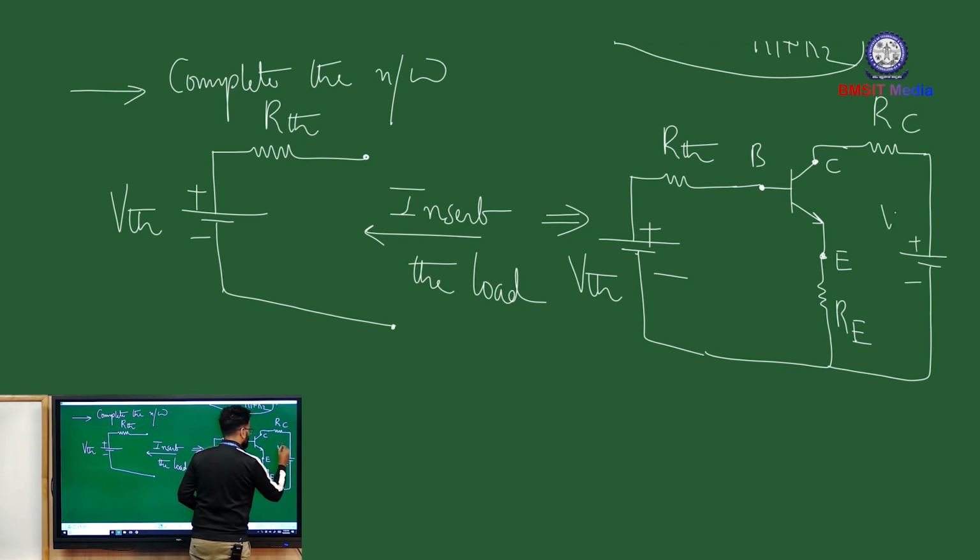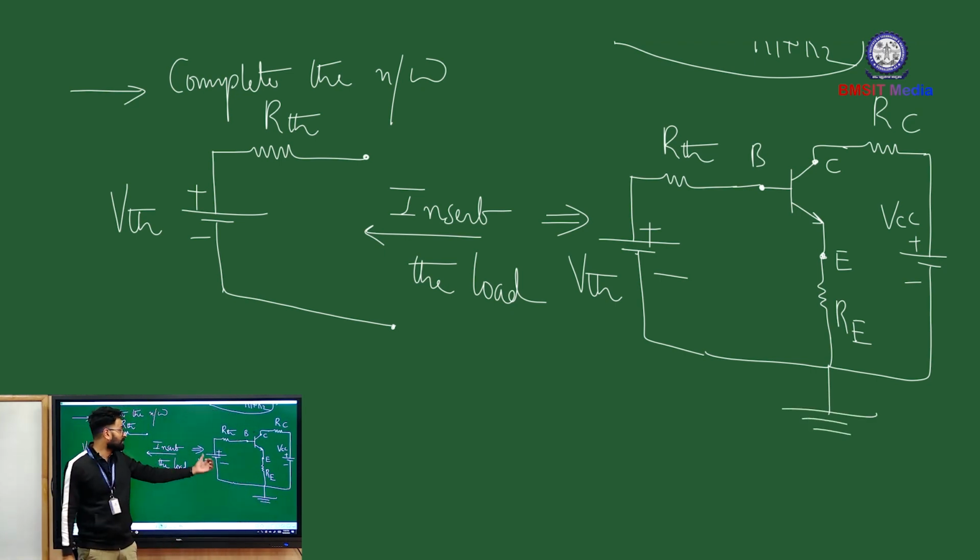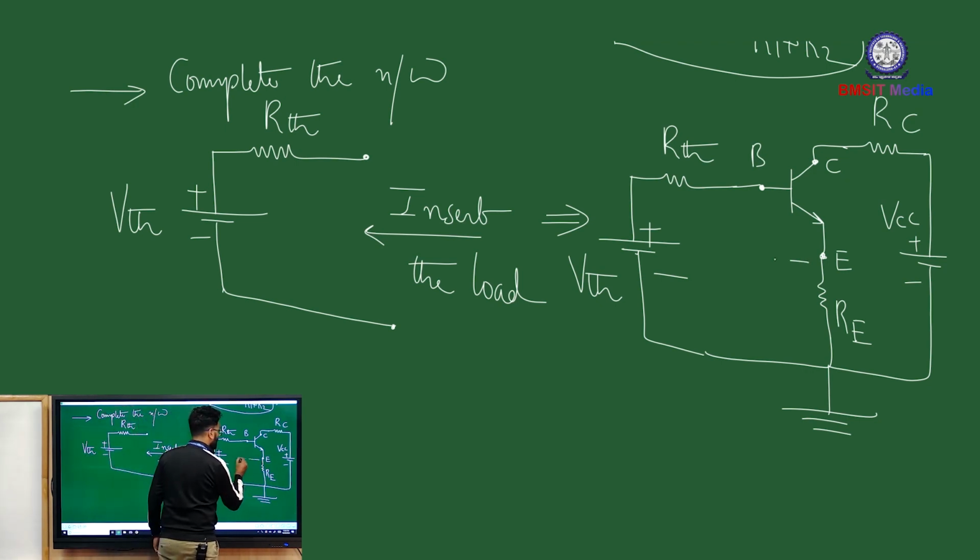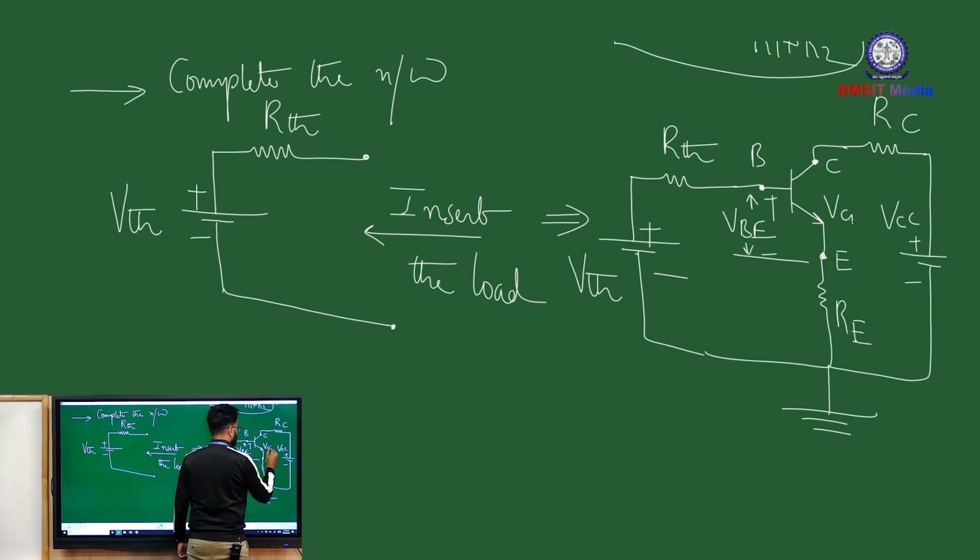So that was VCC, and this is your ground network. You see now the circuit is very much simpler in nature, and you can mark the transistor voltages minus plus, and you can also mark the transistor output terminal voltage VC.